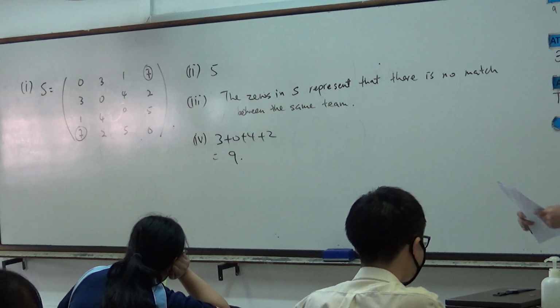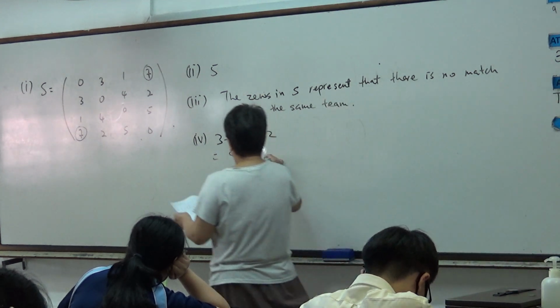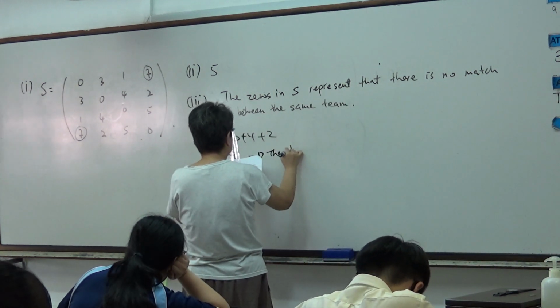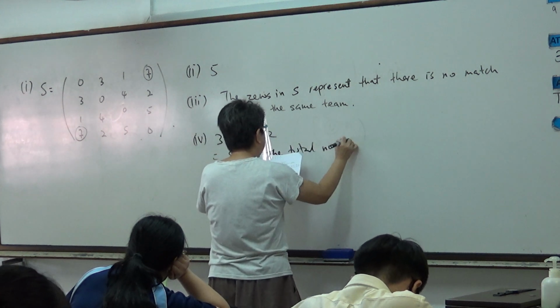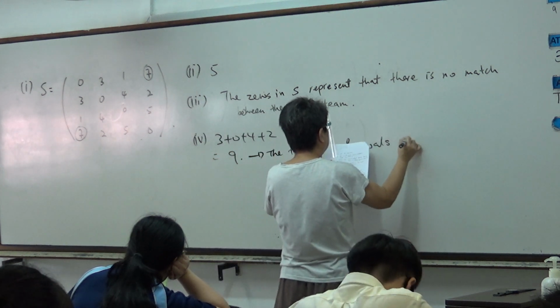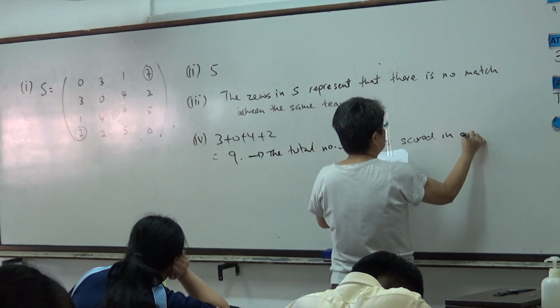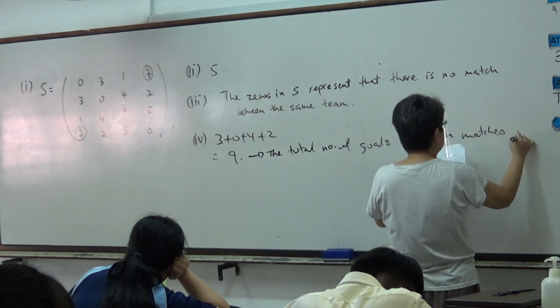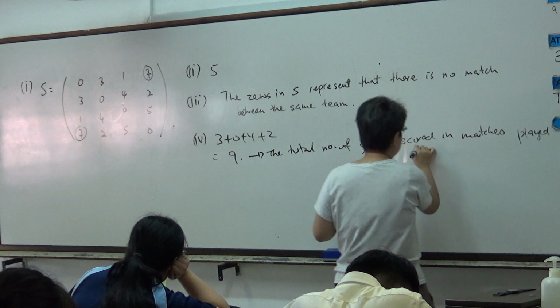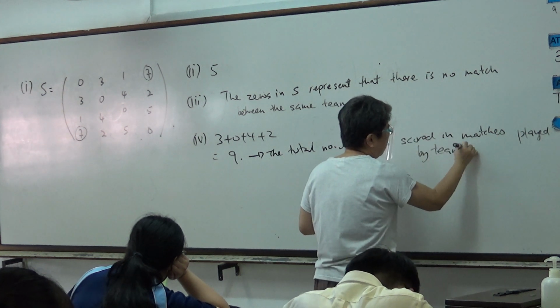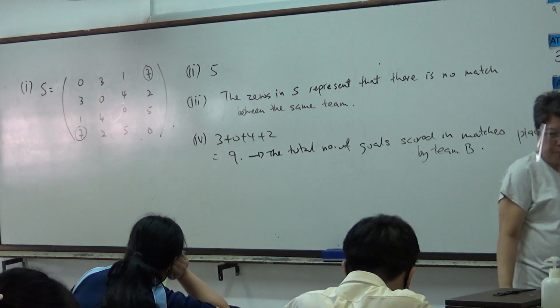Okay, so what does this line represent? This line represents the total number of goals scored in matches played by team B.